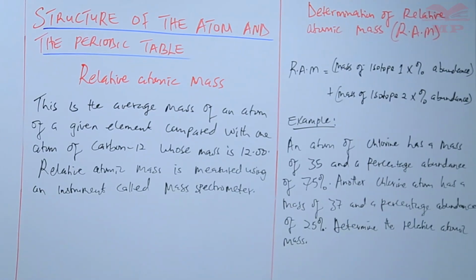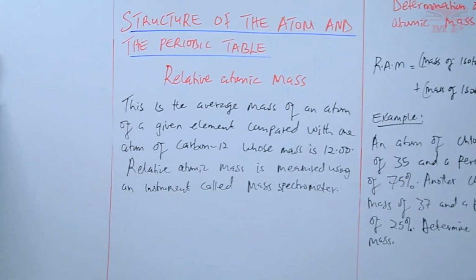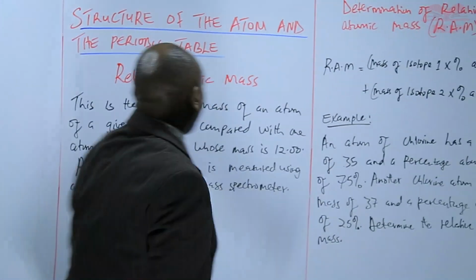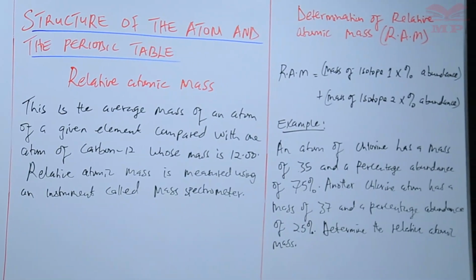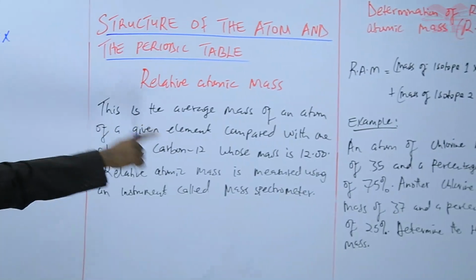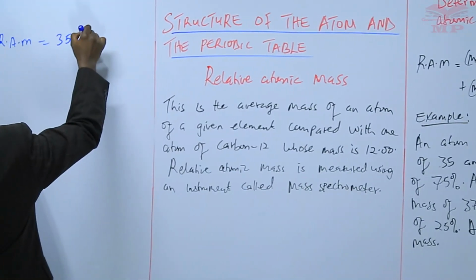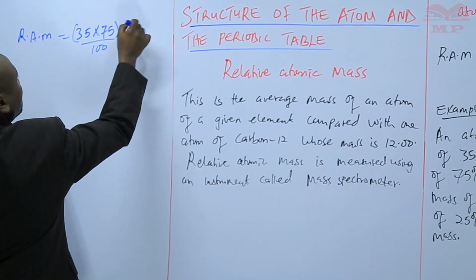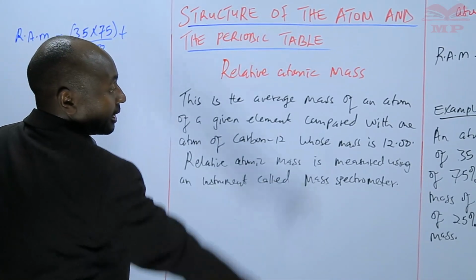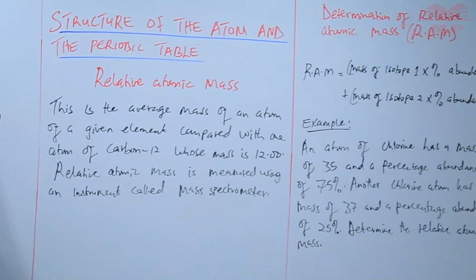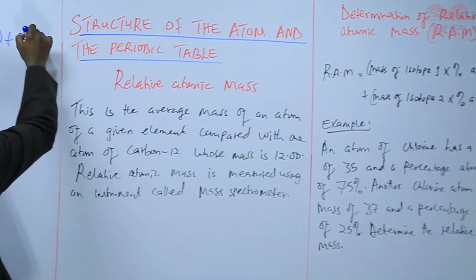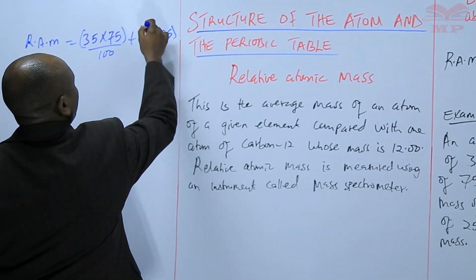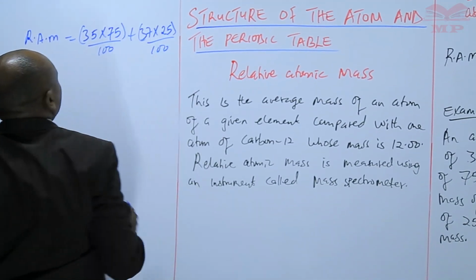So we'll say that RAM is equal to the mass of isotope 1, which is 35, times its percentage abundance, 75 over 100, plus the mass of isotope 2, which is 37, times the percentage abundance, 25 over 100.